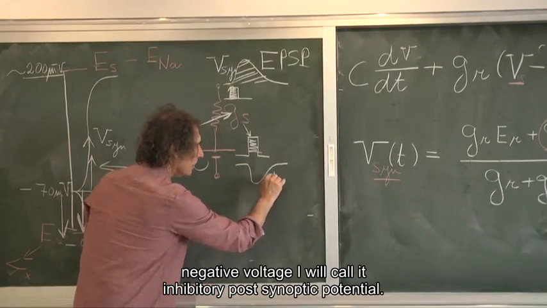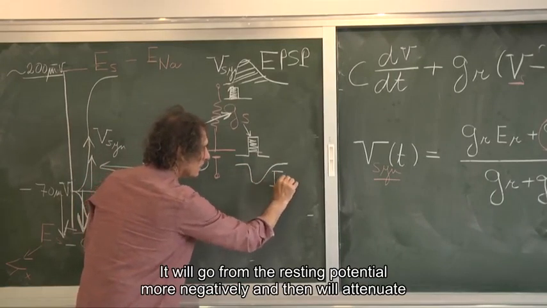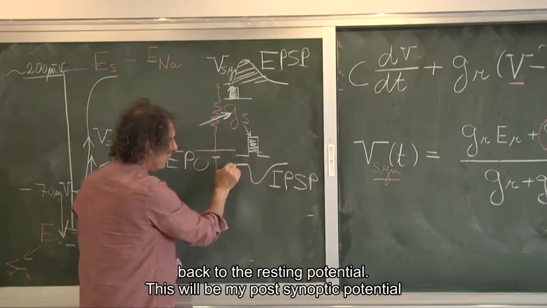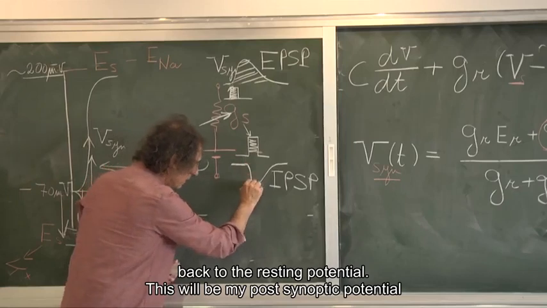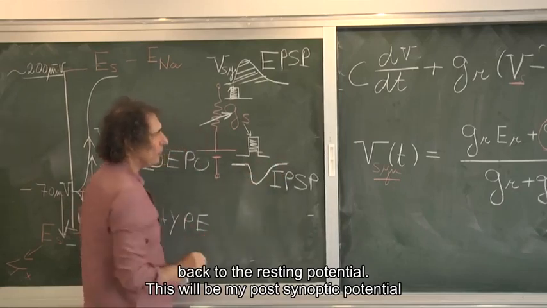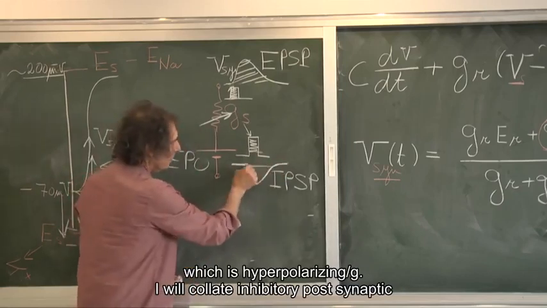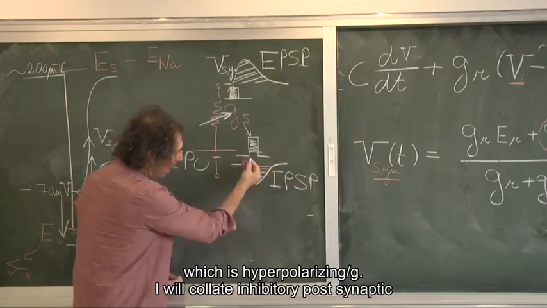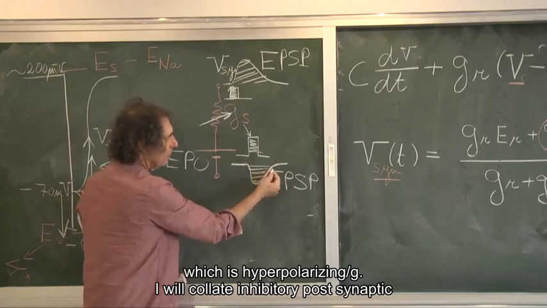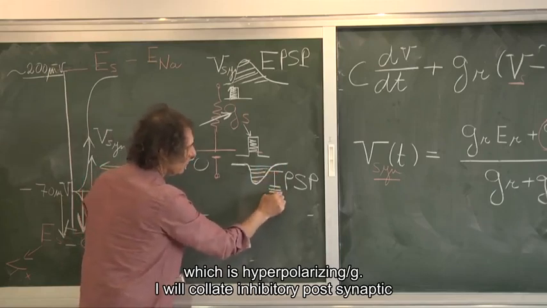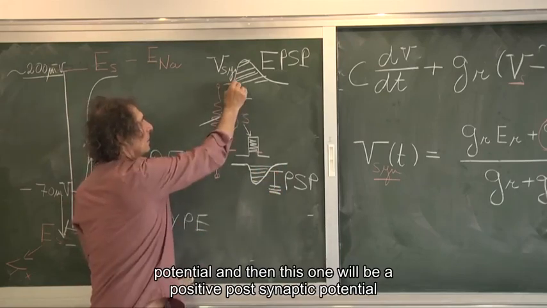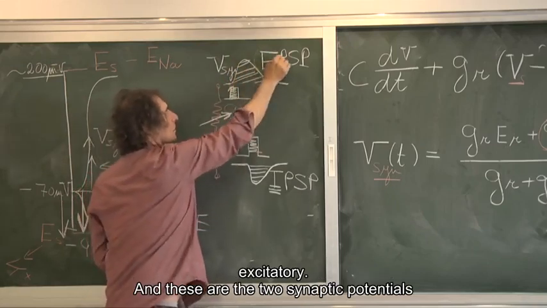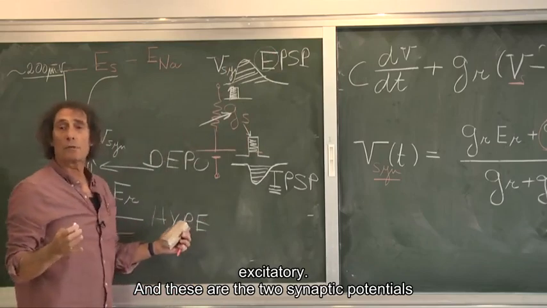I will call it inhibitory post-synaptic potential. It will go from the resting potential more negatively, and then will attenuate back to the resting potential. This will be my post-synaptic potential, which is hyperpolarizing. I will call it inhibitory postsynaptic potential. And then this one will be a positive postsynaptic potential, excitatory.